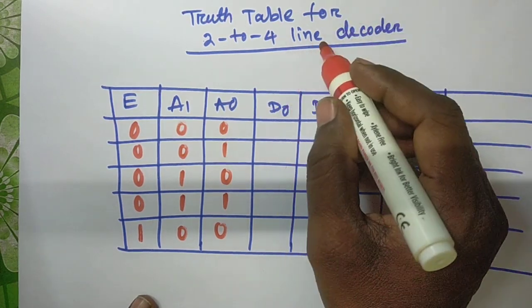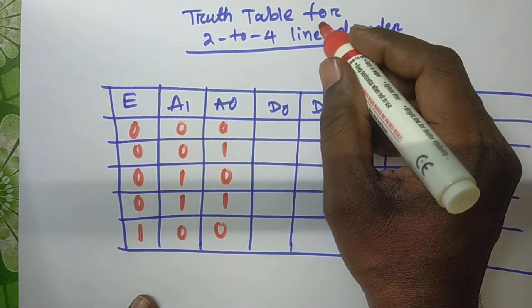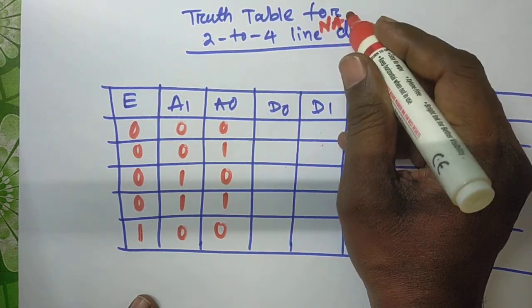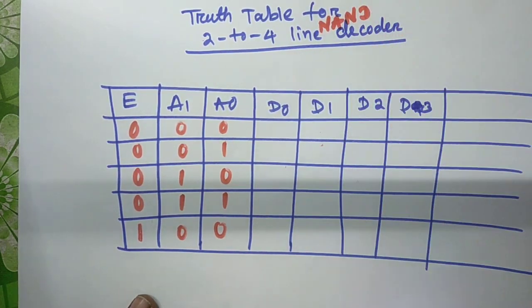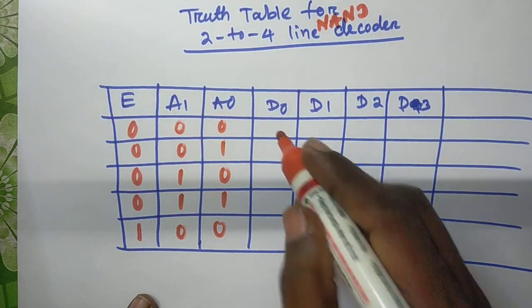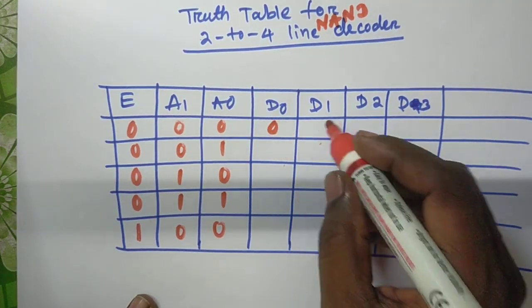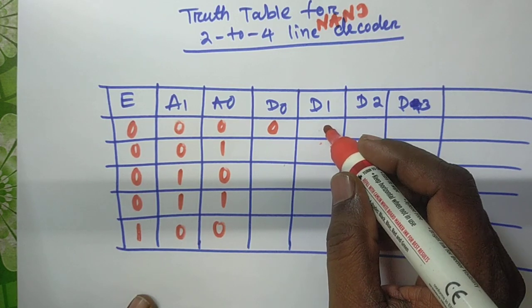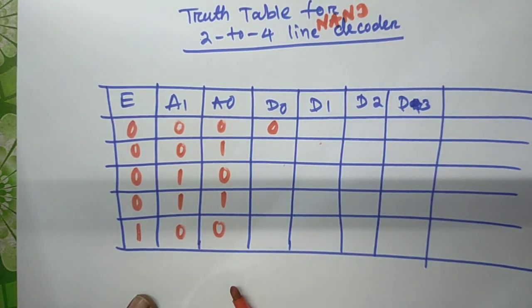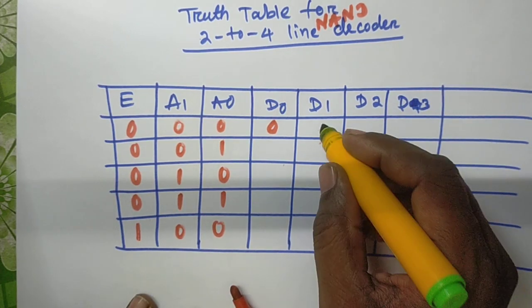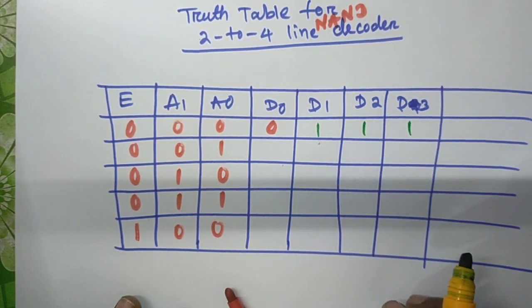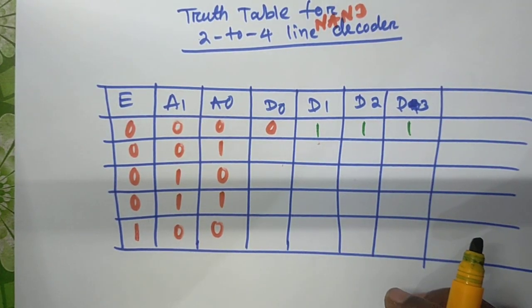Since it is a 4-line NAND decoder, we can define it this way: D0 will be 0, and the other part will be 1, 1, 1, since it is a NAND decoder.